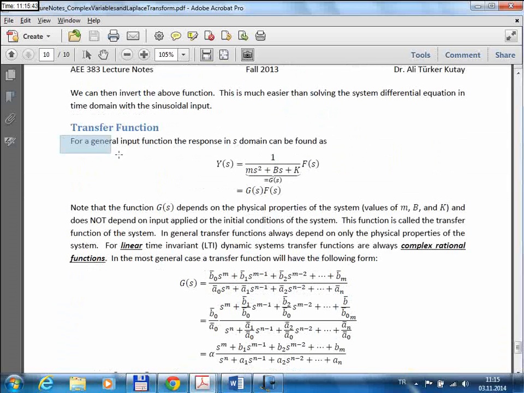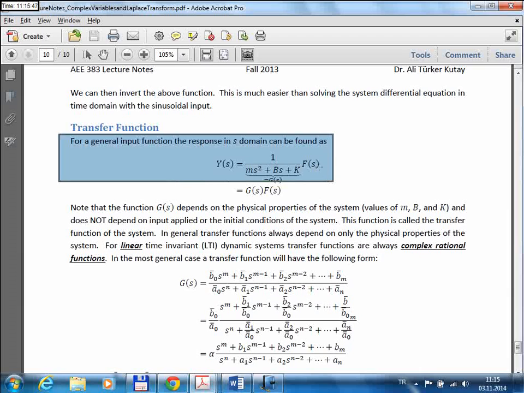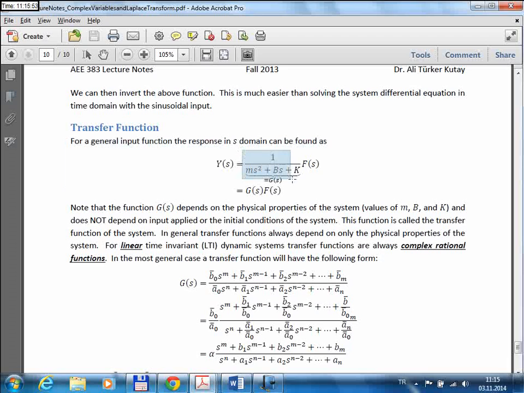So for a general input function, for the previous example, we saw that the response in S domain can be found by multiplying this part with the Laplace transform of the inputs. So if you call this part g of s, this g of s never changes, right? You can apply different inputs to the system, and the different inputs will be changing the part that multiplies the g of s, but the g of s itself doesn't change.